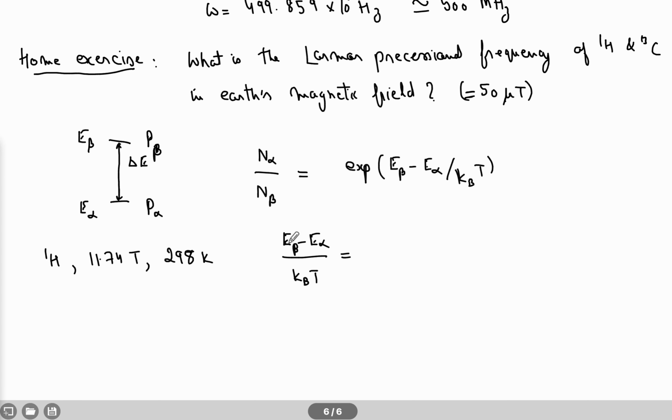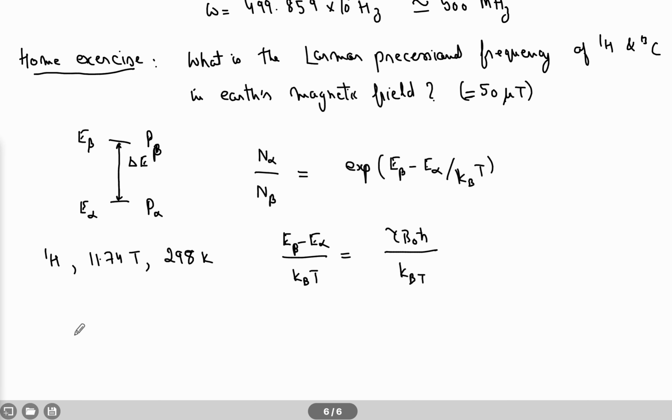So now you know delta E is equal to gamma B naught by H cross. I have taken E beta minus E alpha, so there is no negative sign here. If you take E alpha minus beta, there would be a negative sign, right? Divided by kBT.